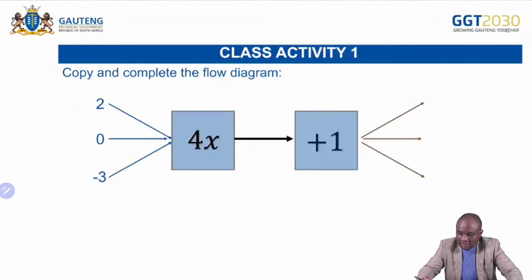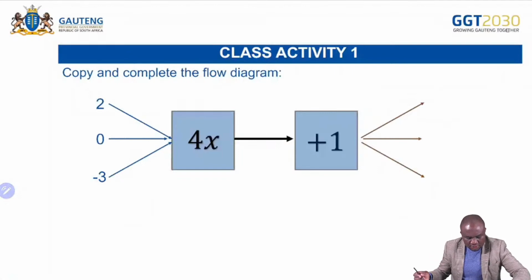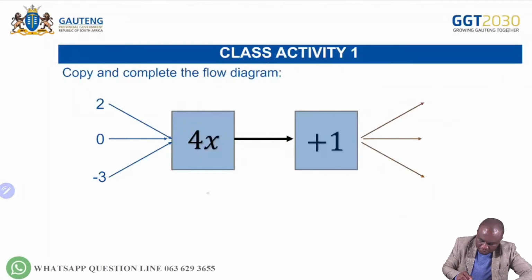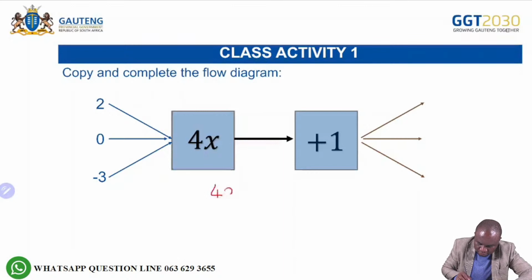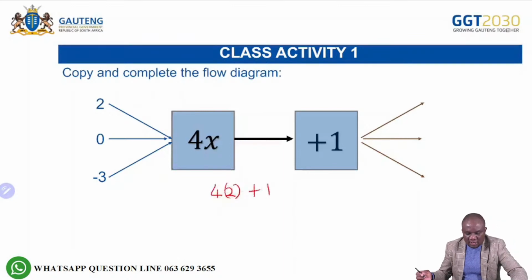Welcome back, grade 10s. Let's mark our work. When the input value is 2, we have 4 times 2 plus 1. So 4 times 2 is 8, plus 1 is 9.